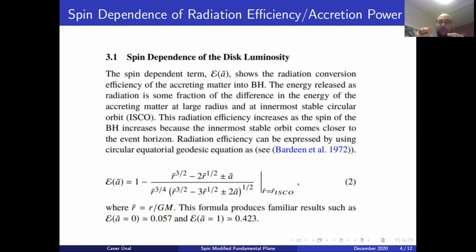If the black hole spins faster, the ISCO radius comes closer to the black hole, and you can radiate more energy. If it's rotating retrograde or at low spin, the ISCO is far away, and you radiate less energy. This was worked out by Bardeen many years ago.